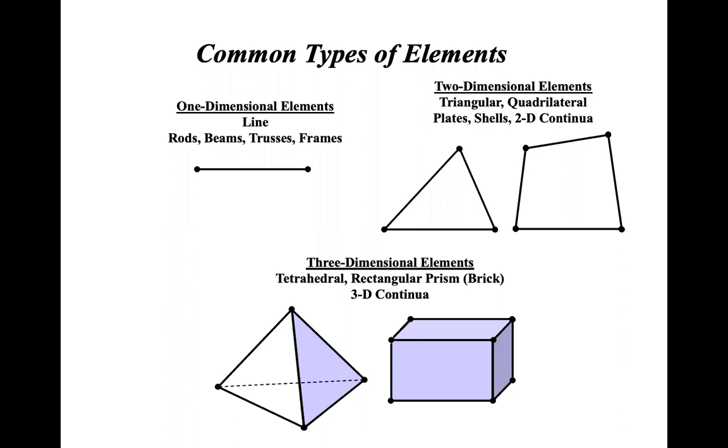If our thickness is smaller as compared to our length and width, then we can go for 2D elements. And if only the length is very high as compared to width and thickness, then we can go for 1D elements. Okay, I think this is clear to you.